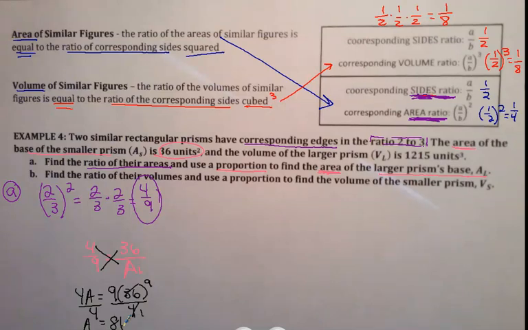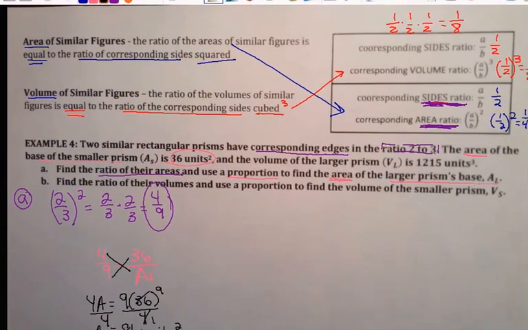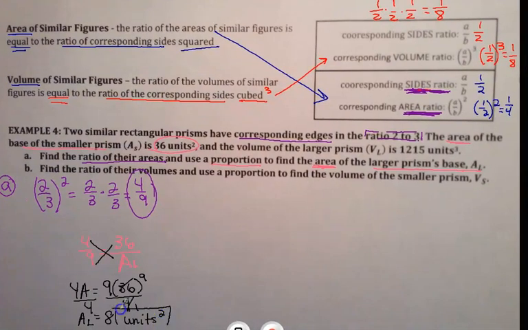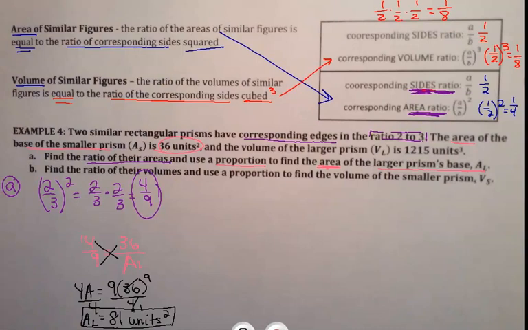So the area of my larger prism, A sub L, equals 81. It's area, so I put my units squared on there. So now I have finished A. I did all the parts of A.